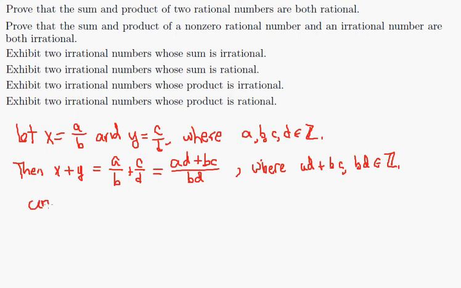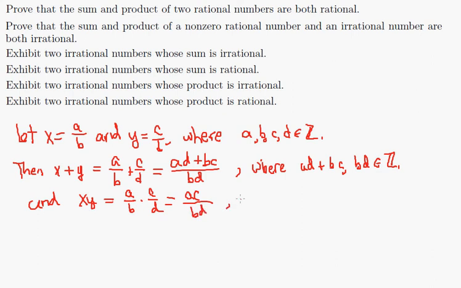And we have that the product, x times y, is equal to a over b times c over d, which is equal to a times c over b times d.